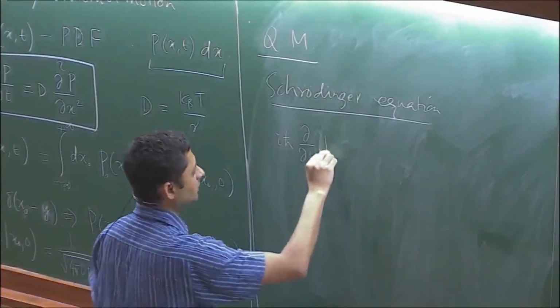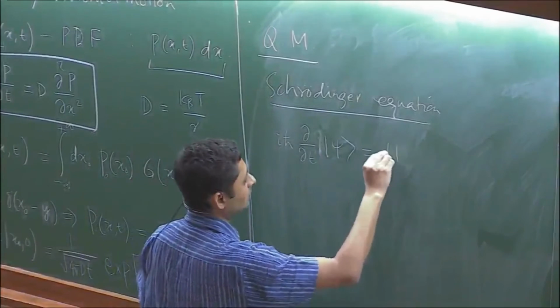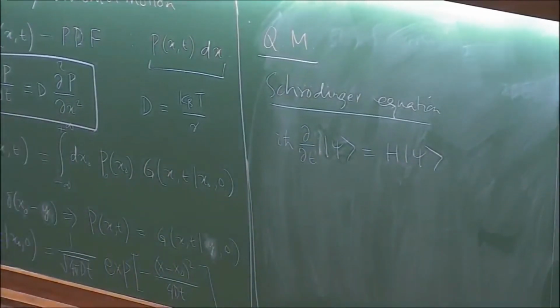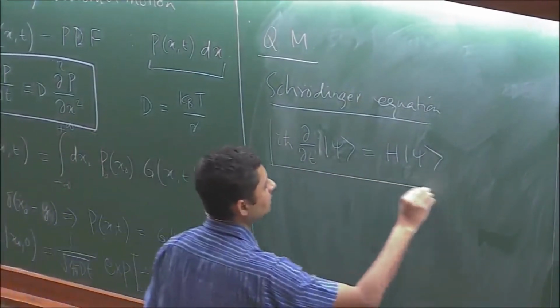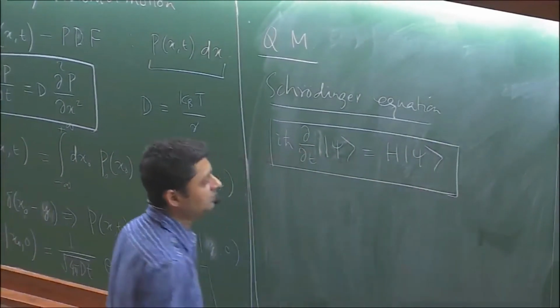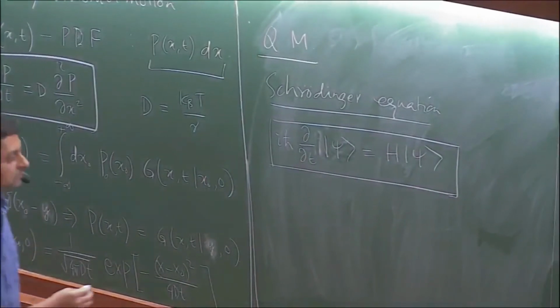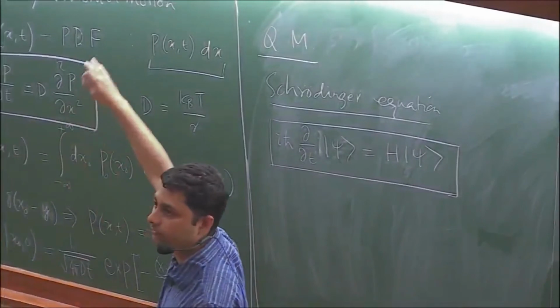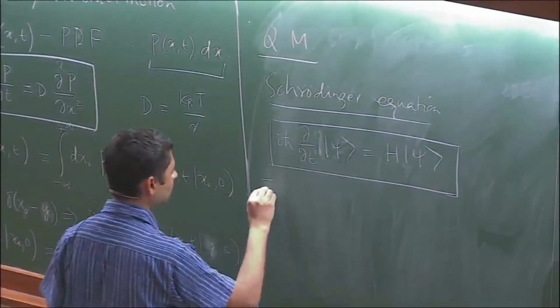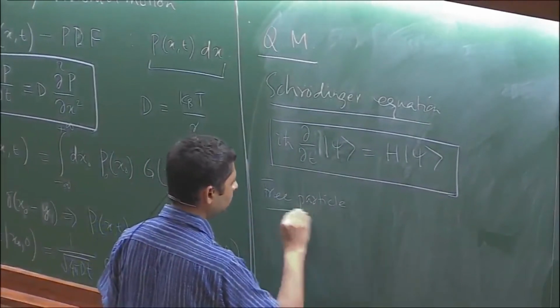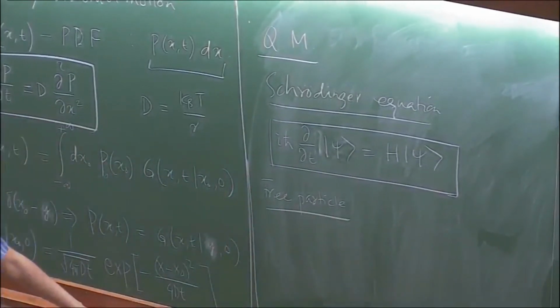So this is the Schrodinger equation in general operator form. And let's write it for the free particle, because we are doing the free particle right now. Let's write down this equation in the position basis.